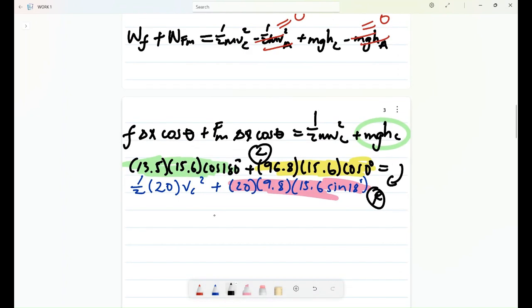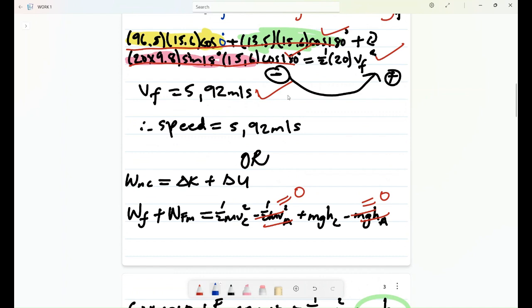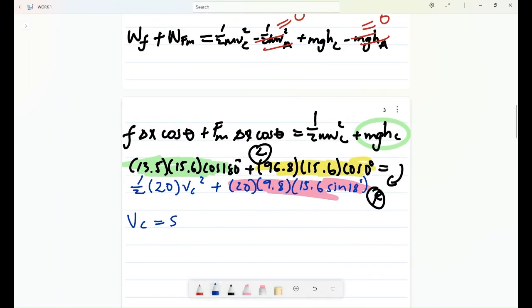It's a matter of you understanding how to apply them, and to calculate. Very important is to be able to identify that here we are using mgh at C, and we do not include work done by the parallel force.